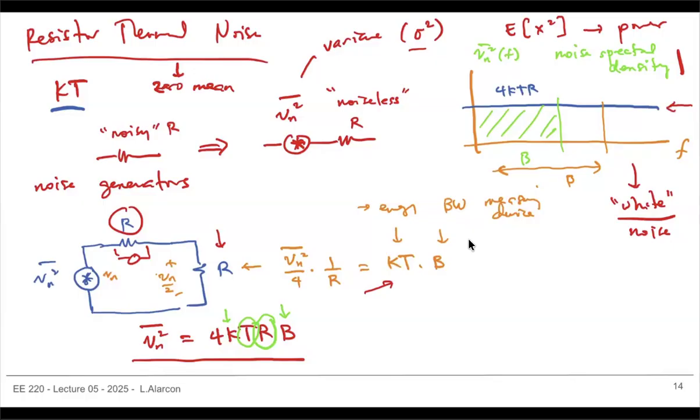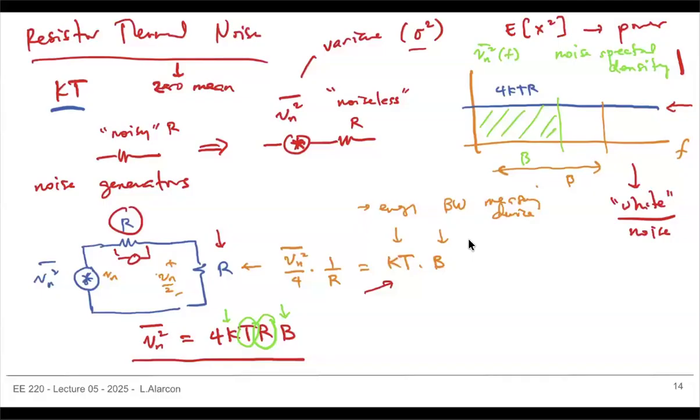That means all frequencies are possible. If I measure it a millisecond from now, a second from now, or an hour from now, I won't have any clue, because it's a jumble of every single frequency. The noise power at 1 hertz is just as likely to happen as the noise power at 100 gigahertz. So that makes it truly random.